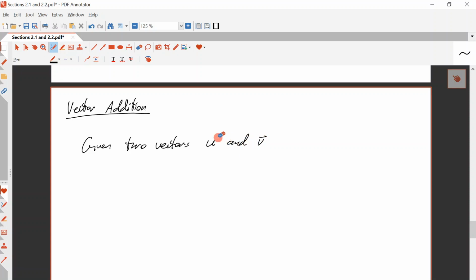Adding vectors. So, given 2 vectors, u with an arrow and v with an arrow, these vectors can be used to describe the sides of a parallelogram.